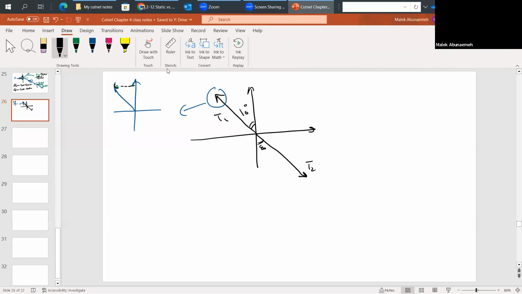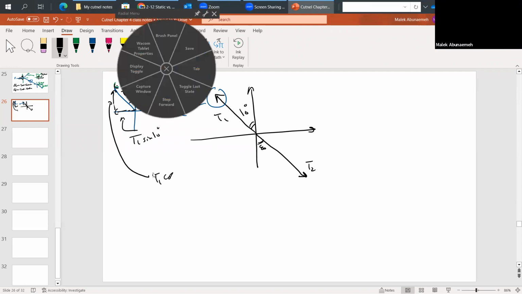So this is going to be head to tail, head to tail. This is your T1, and this one in the bottom is T1 sine 10 degrees, because again, this is your 10 degrees. And this one over here will be T1 cosine 10 degrees.